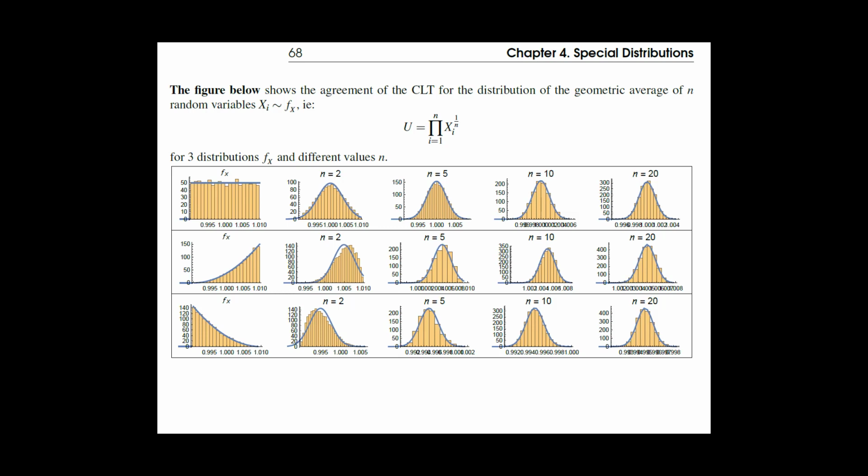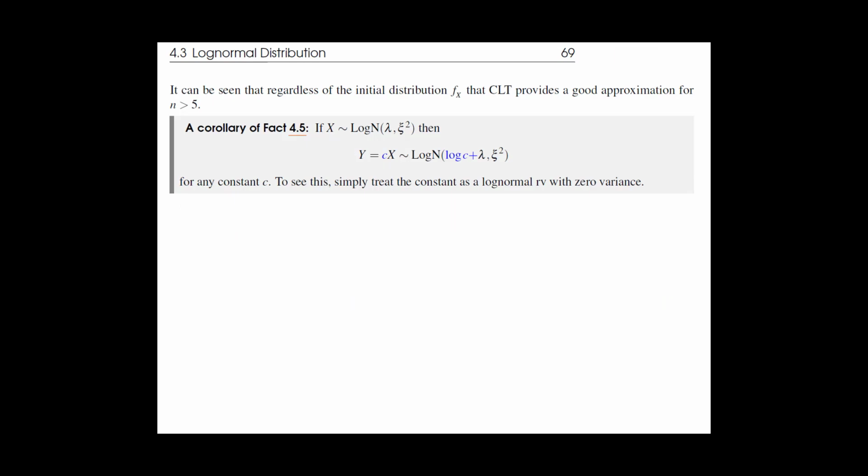And when you do the product of two random variables in this way, you see that for the first row it's a pretty good approximation, but for the other ones it's not quite. But as soon as you have 5 for n, right? So when you're doing this product for 5 random variables, the approximation is quite good. Okay, so kind of regardless of the distribution of the xi, we have these good results. So it's a pretty powerful theorem.